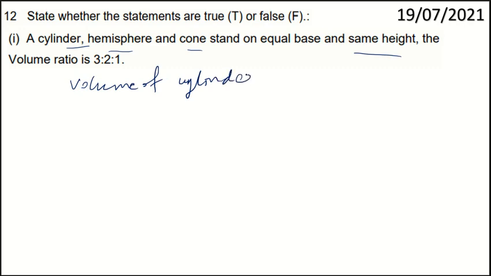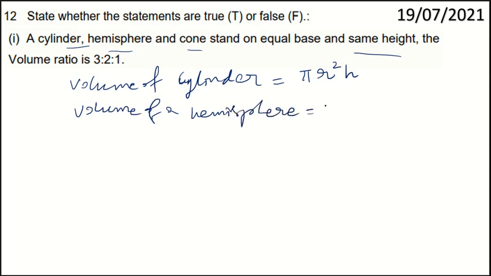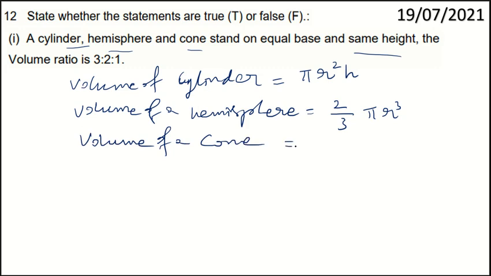So, the volume of a cylinder is pi r square h, and the volume of a hemisphere is 2/3 pi r cube, and the volume of a cone is 1/3 of pi r square h.